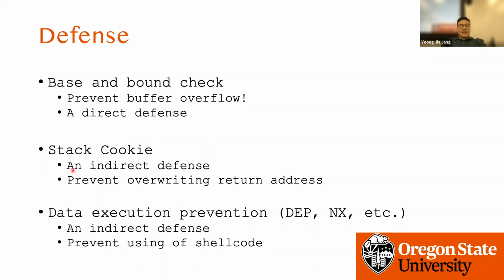The next one is the stack cookie. It's an indirect defense. We are not defeating the buffer overflow attack, but it will prevent overriding the return address. It will restrict you and other hackers from overriding the return address easily. And the last one is data execution prevention.